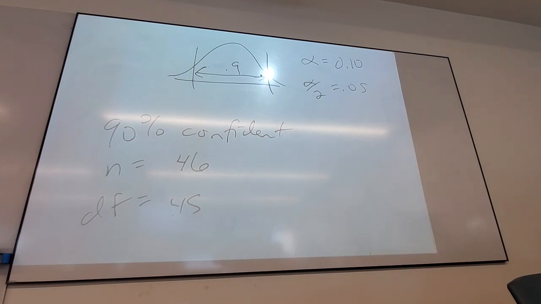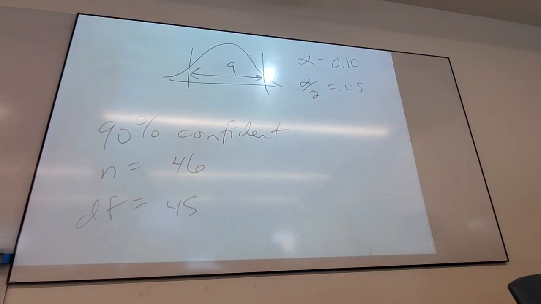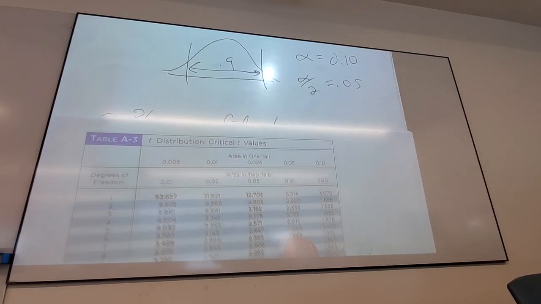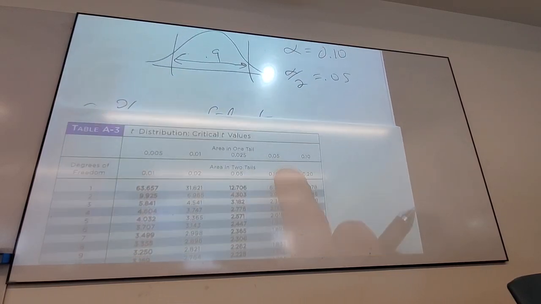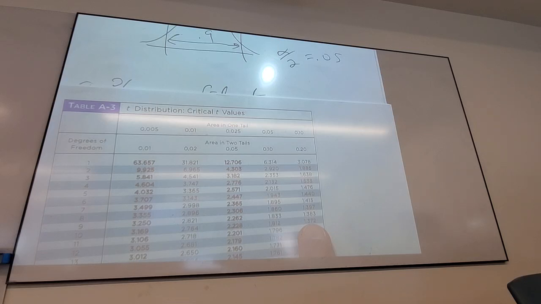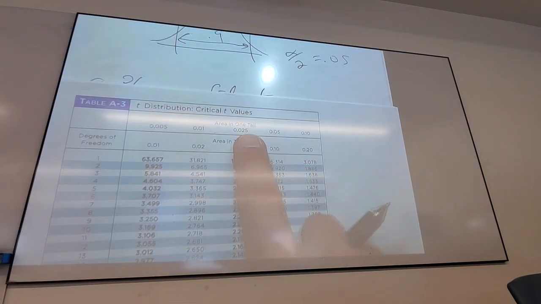Second question, and here's what's kind of nice at the moment: no matter which way you look at this, how much area is in two tails for a 90% confidence interval? 0.10. You with me? Isn't that two tails, yes? Two tails, 0.10 here, right?